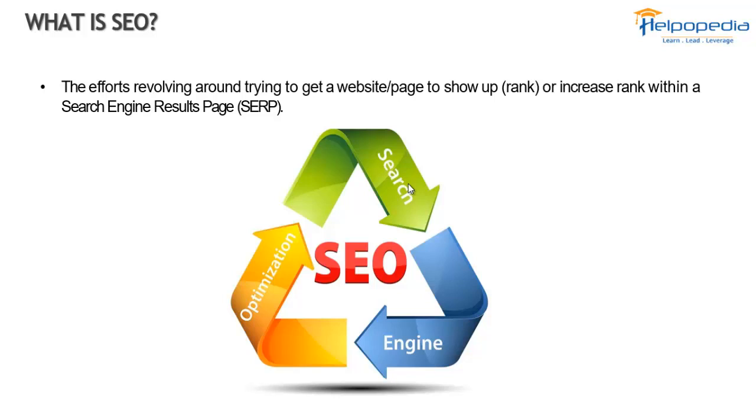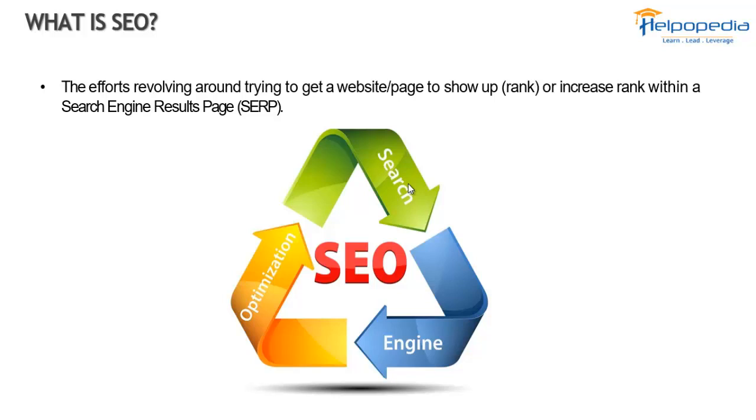Now, when we talk about search engine optimization, it's everything that we try to do to get our website in the search engine and rank up in the search engine results page. So whenever we try to search something on Google or any search engine and our website comes up in the search engine, then we can say that yes, our SEO is successful.